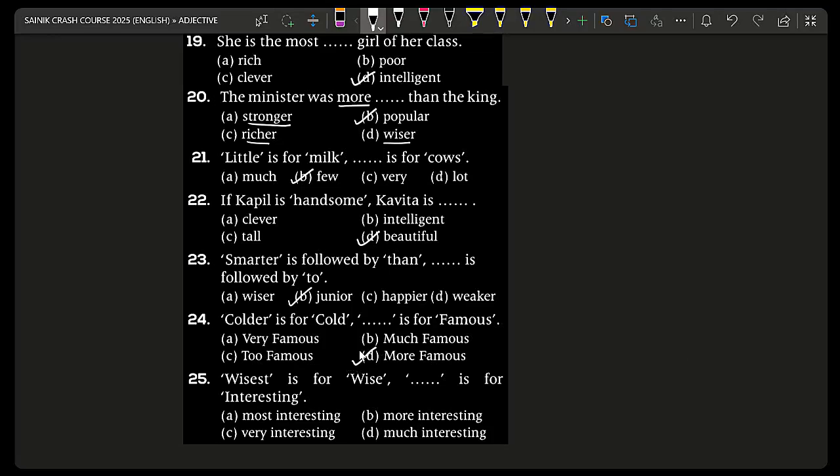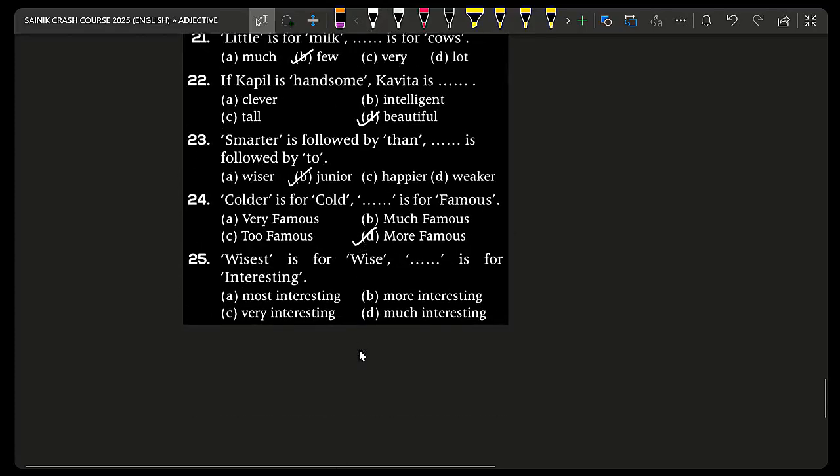What about the 25th question? Wisest is for wise. Dash is for interesting. Interesting. More interesting. No. For wisest, did they use the comparative degree or superlative degree?